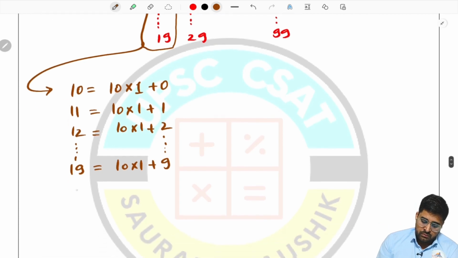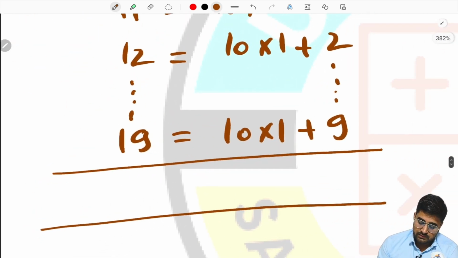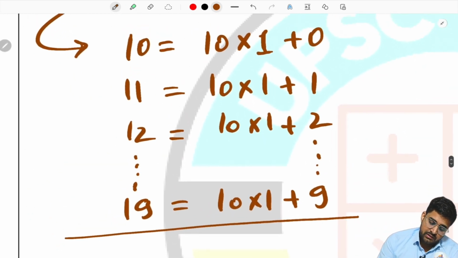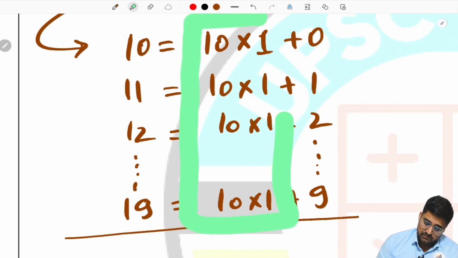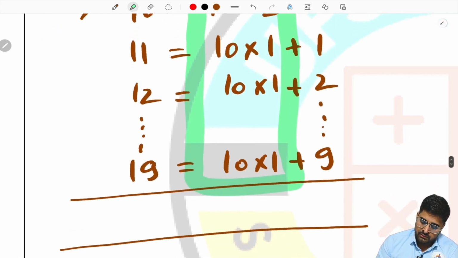So by this finding, what we get to know is there is a repetition. Repetition of what? Repetition of the place value. Am I right? Yes, I am right.